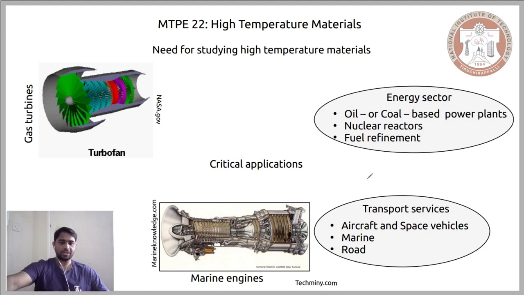So here you can see that there is a compressor setup, which is subsequently followed by a combustion setup, and then you have your turbines. Now what happens is that the compressor pulls in the surrounding air, compresses it and forces it into the combustion.